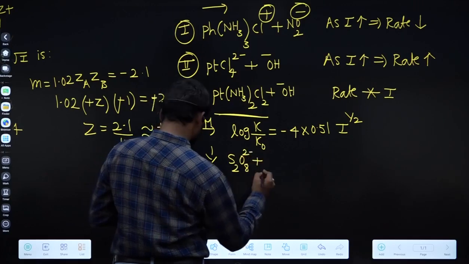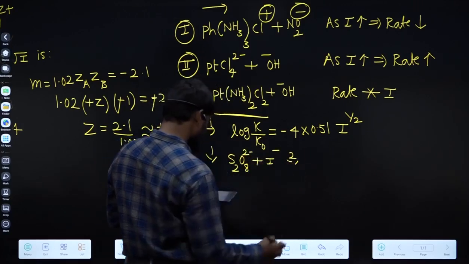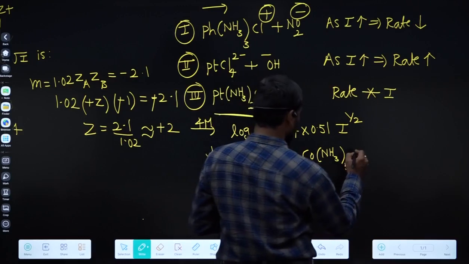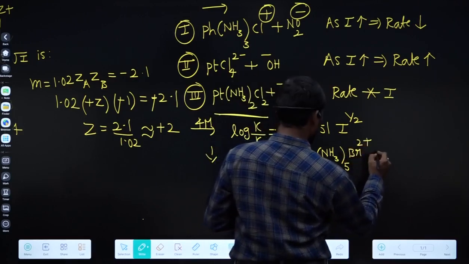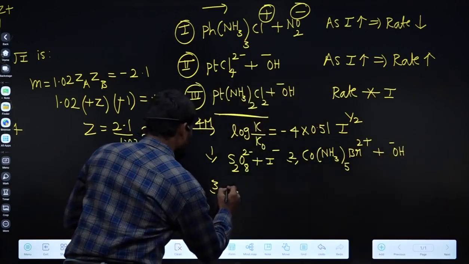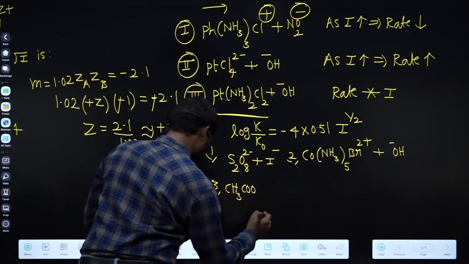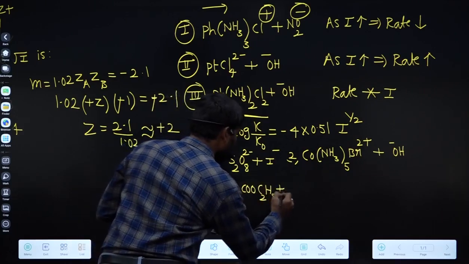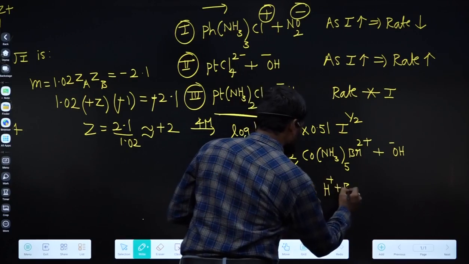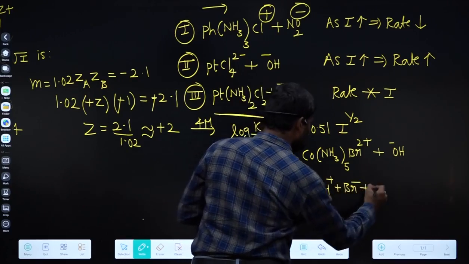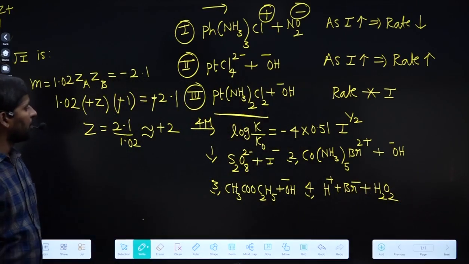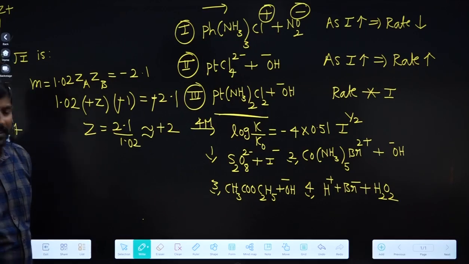S2O8 2 minus plus I minus; Co(NH3)5 Br 2 plus plus OH minus; CH3COO C2H5 plus OH minus; H plus plus Br minus plus H2O2. Which reaction follows the above equation?